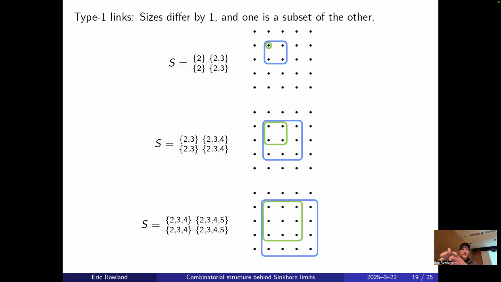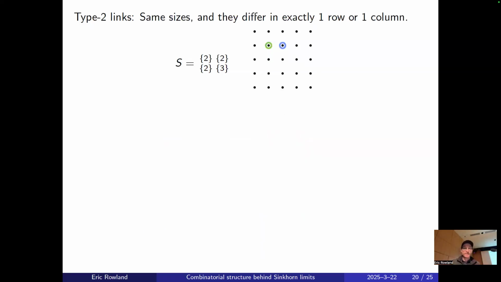Whenever you have a pair of minor specifications that have this relation, they're going to put a little link, a little edge, in the graph that you're building, whose connected components you're eventually going to look at. And the other type of link is when two minor specifications have the same size, but they differ in exactly one row or exactly one column.